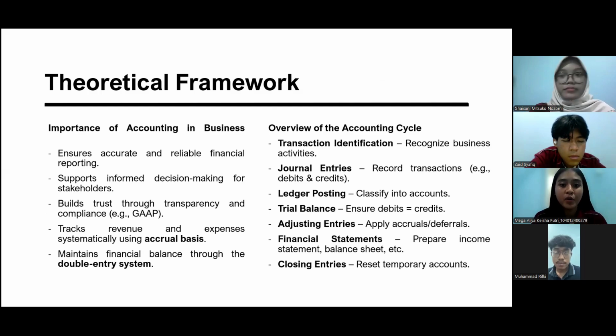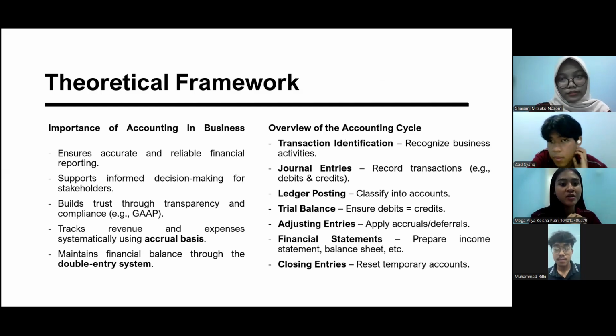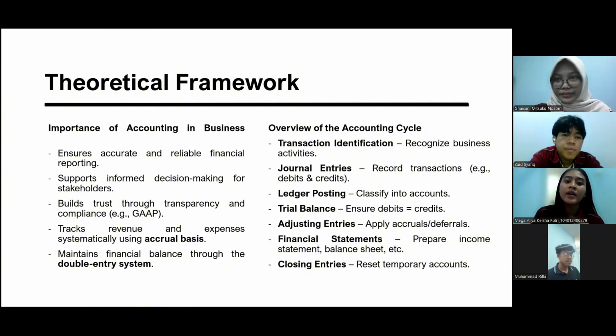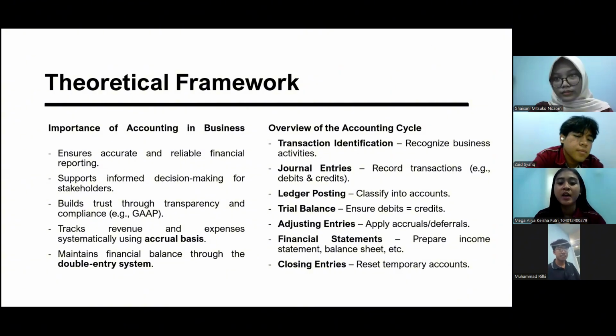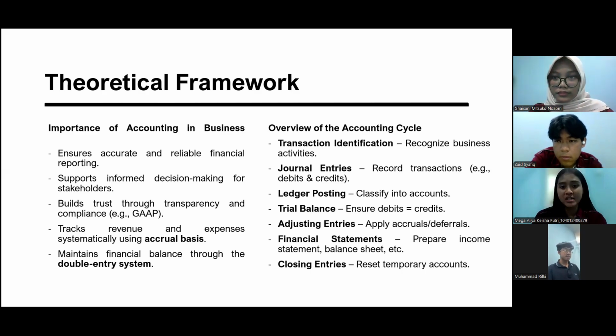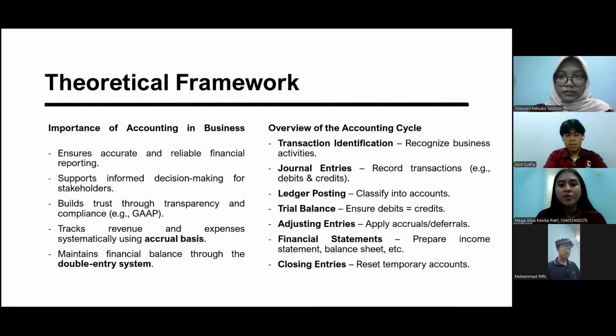Accounting is very important for the running of a business because it can make financial reports more accurate and reliable. This accurate data really helps stakeholders like investors or managers make the right decisions. In addition, accounting also makes a business more transparent and compliant with applicable regulations such as GAAP.